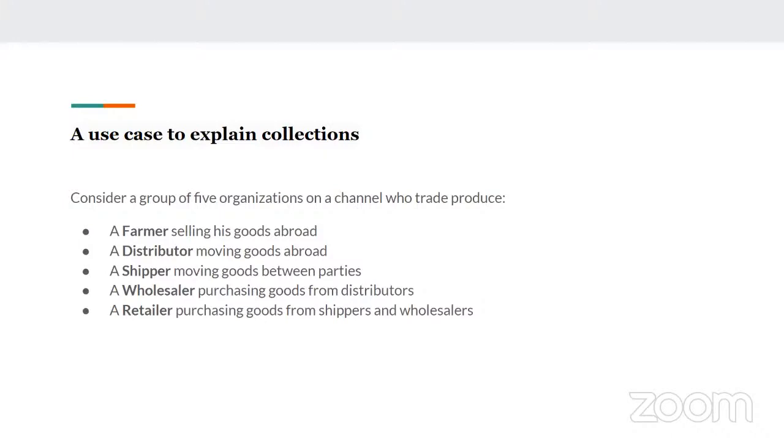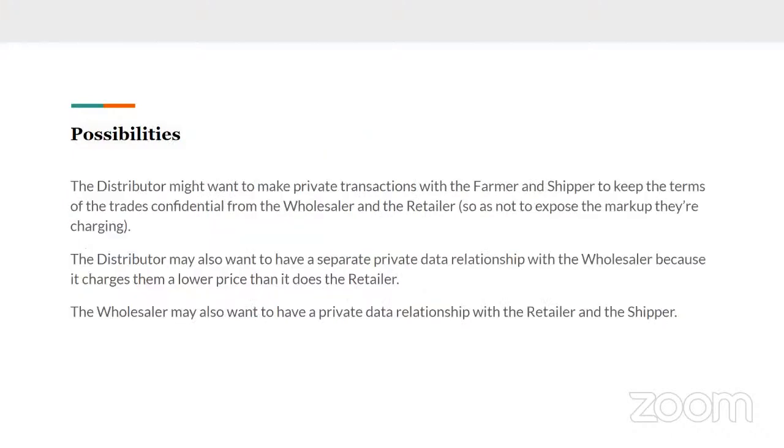So there can be cases when all these entities want to share something with each other, but not with another party. You want to make something private to a particular organization or peer, but not share it with another peer. In this case, we have a private data relationship.